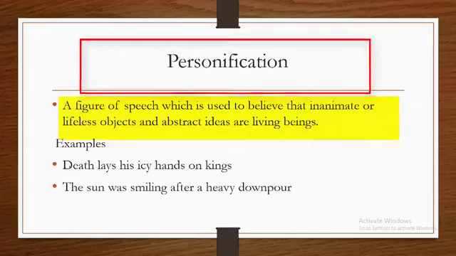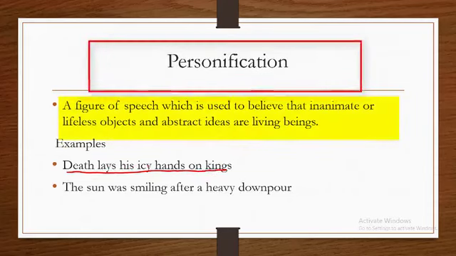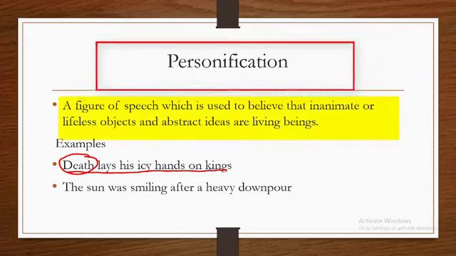For instance, we could say Death lays his icy hands on kings. So death here is inanimate. It's an abstract idea. But here we're making it look like it's an animate thing.